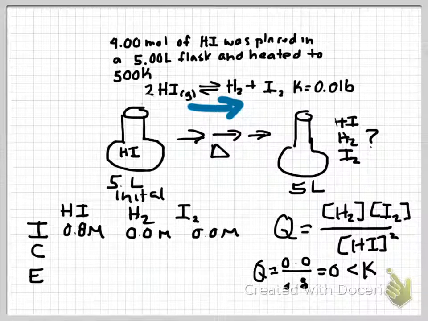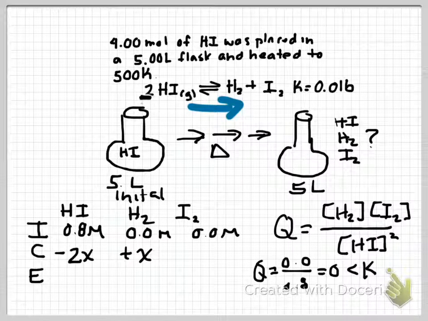we're going to determine our change. So the hydrogen iodide is going to change. It's going to be negative because we're going to react our reactant, so we're going to lose our hydrogen iodide, and it's going to change by -2. Again, that 2 is coming from the balanced equation, times some number x.